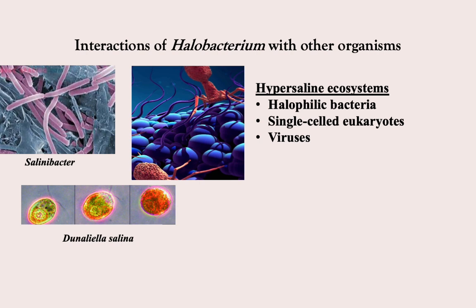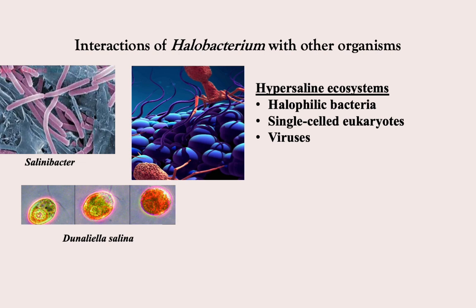Now, communities of hypersaline environments tend to have low complexity because competition is significantly reduced in such extreme environments, where only those adapted to such harsh conditions survive. But Halobacterium is not the only organism that's adapted to survive here. The extremely halophilic red-orange bacterium Salinibacter competes for space with Halobacterium in these hypersaline environments.